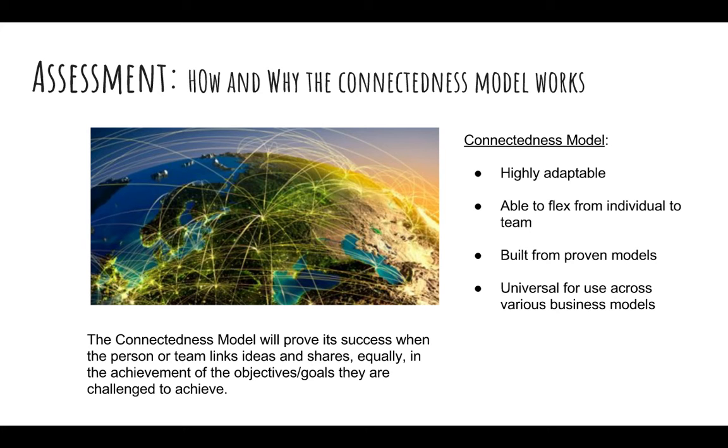And how do we know that the connectedness method works? It's because there is a blend of proven methods, and when people are bringing their whole self to the team, they are invested in the team goals. When teams are functioning well, then the organization can move forward, establish strategic goals, and build for the future.